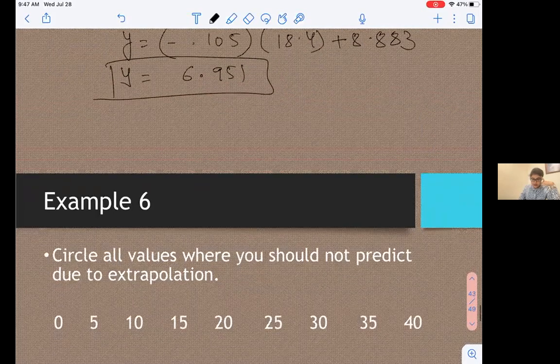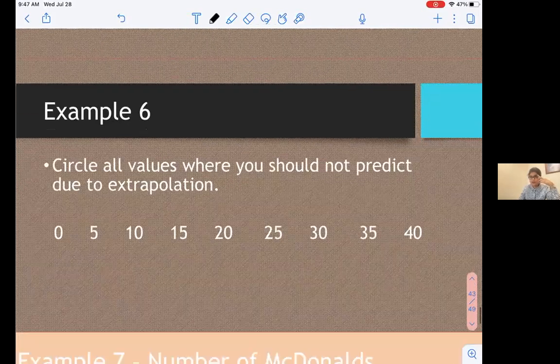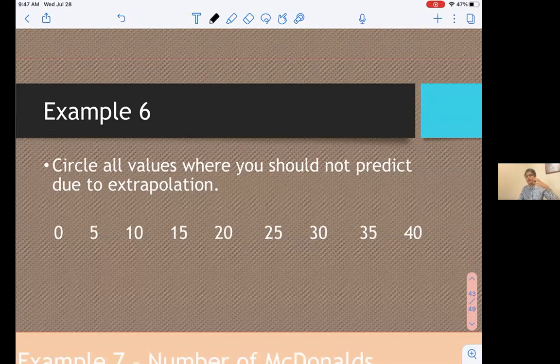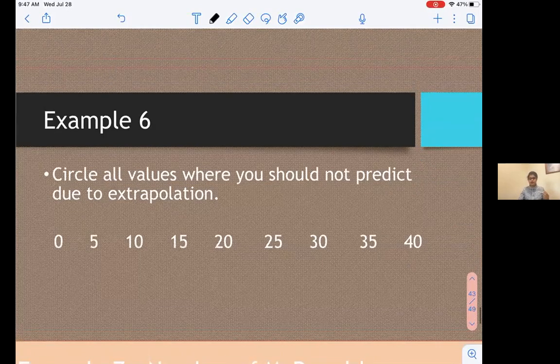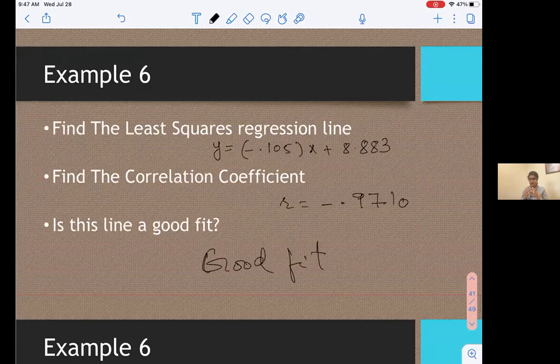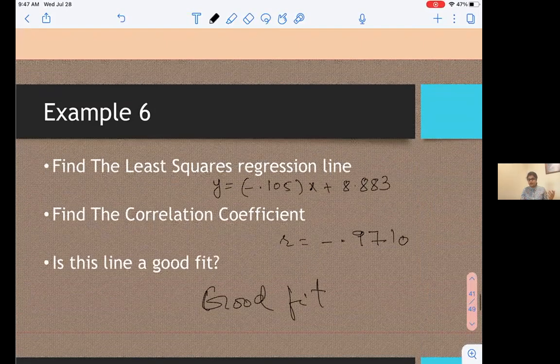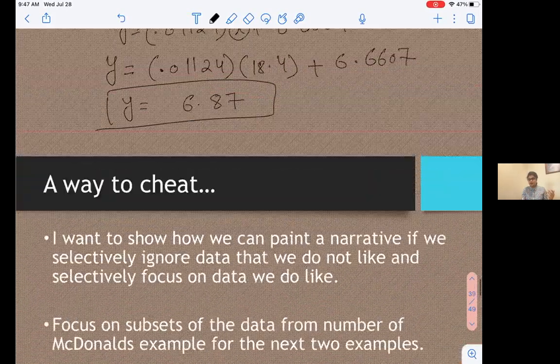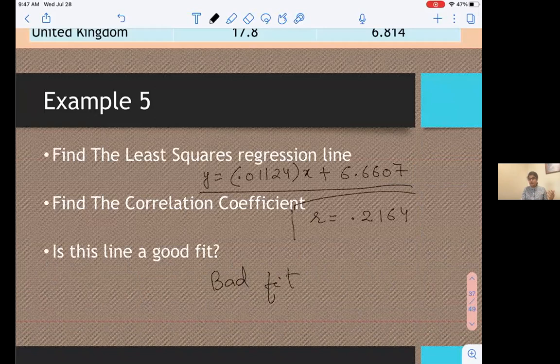The only point I explained this is that if you select the points that you like from your data, then as you saw previously, the correlation coefficient was 0.2164 when selecting all 11 countries, which was a very bad fit, way far from 0.75.